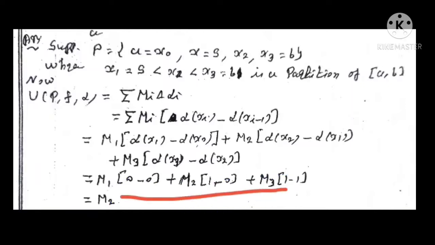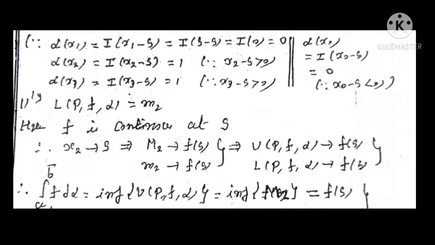Therefore, upper sum of f with respect to P and alpha on closed interval [a, b] is equal to M2. And similarly, lower sum of f with respect to P and alpha on closed interval [a, b] is equal to m2.